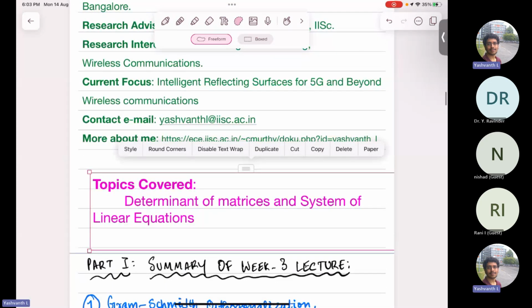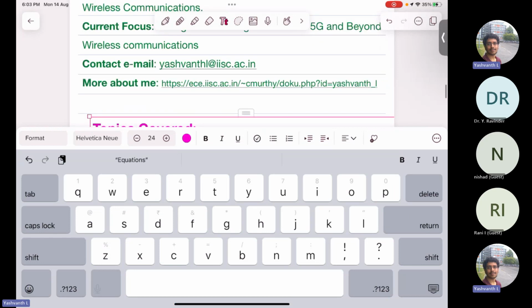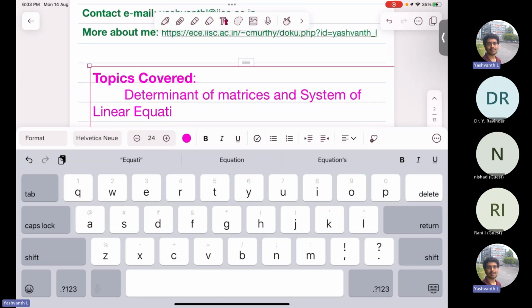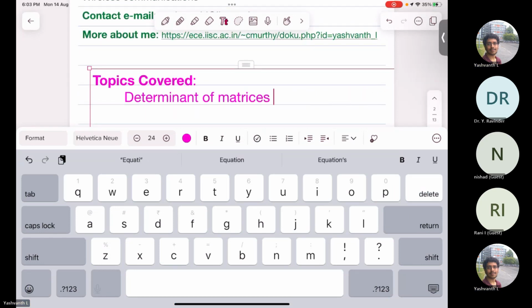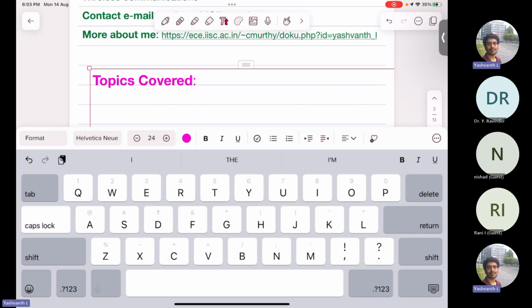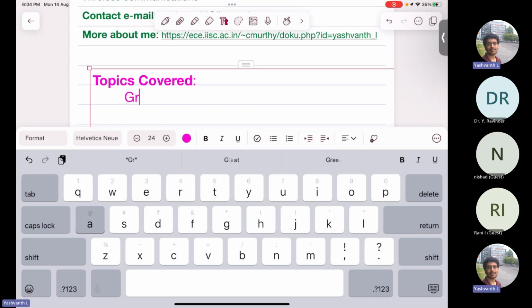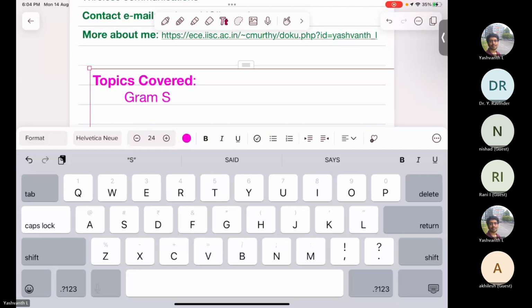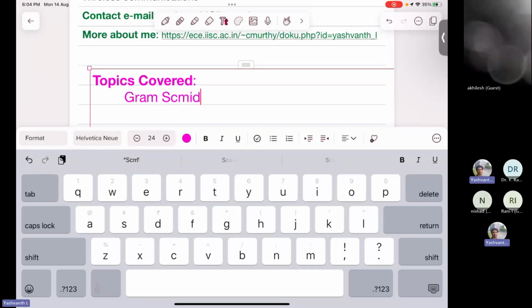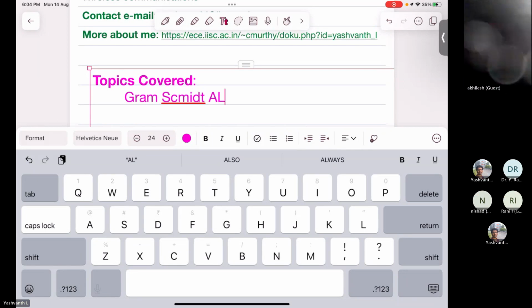Okay, so today we will basically be looking at some basics of Gram-Schmidt algorithms.